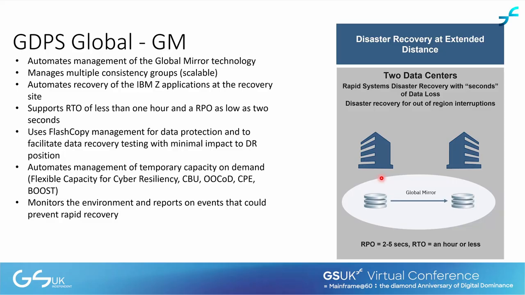So in the event that you have to declare a disaster, you already have a copy of data in region B, which should be further out of the disaster region. This and all GDPS offerings are scalable offerings.